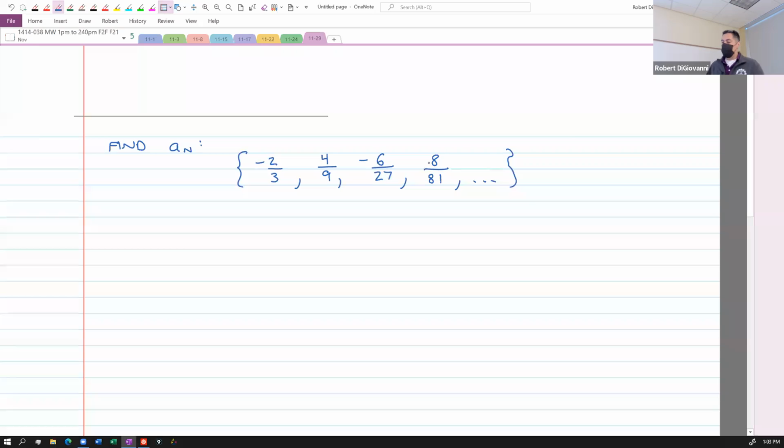So what do you see? How are you approaching this? Okay, you're looking at the denominators and they look like they're all powers of 3, exponential, right? Good. What else do you recognize?